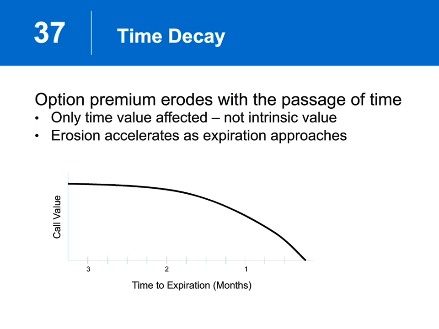This is basically our typical chart of time decay, and you can see when we're out there 2-3 months out, sure, there's a loss of value, but not like there is when you get inside of 45 and 30 days. That's when the option premium really starts to drop off rather dramatically, and it's part of the reason why weekly options, of which there are close to 400 now, I think, on listed products, are so popular.